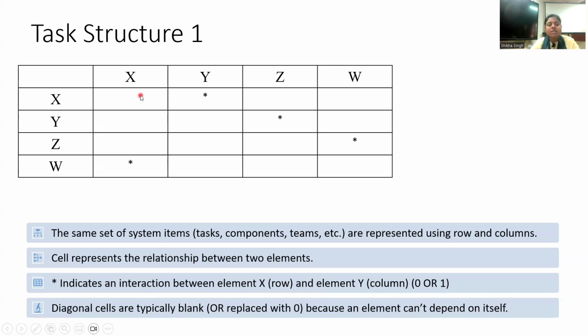And now the cells which are shown here will be expressing the relationship. Let us say it is blank in this case. X and X are not at all related. Why? Because how can they be dependent? So I am just putting a cross in this cell.